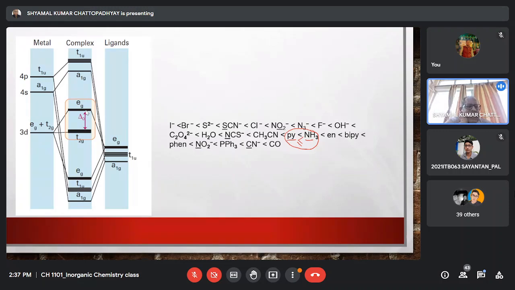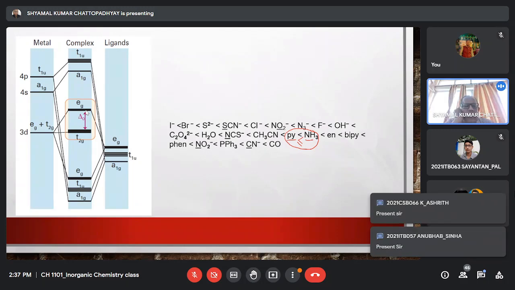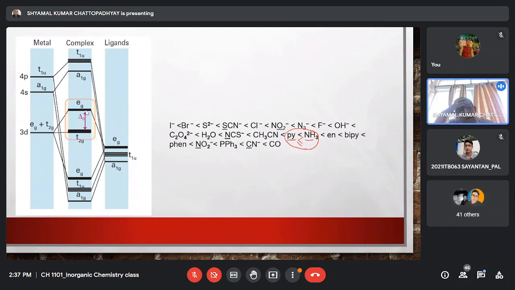Now this MO diagram is more satisfactory than the so-called ligand field diagram or crystal field diagram. Why? Because in the crystal field theory, we have hypothetically assumed that the metals and ligands are point charges, and there is only electrostatic interaction, but there is no covalent interaction. But from all the experimental details and theoretical calculations, we know that metals and ligands cannot be treated as point charges, and indeed there is substantial covalent interaction between the metal orbital and ligand orbital.